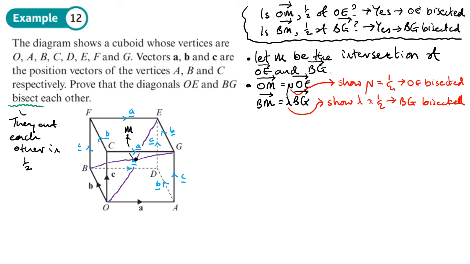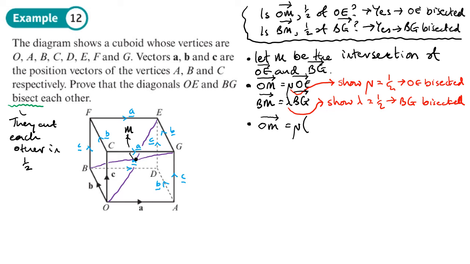So the next step, let's write down how to get from O to M using A, B and C. Getting from O to M is the same as getting from O to E, but it's a fraction of OE. Now how can I get from O to E? O to E, from there to there, is A plus B plus C.